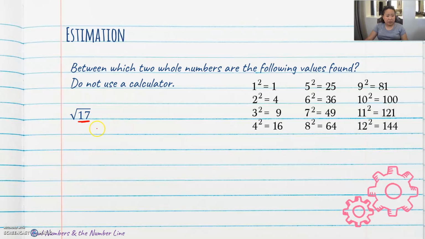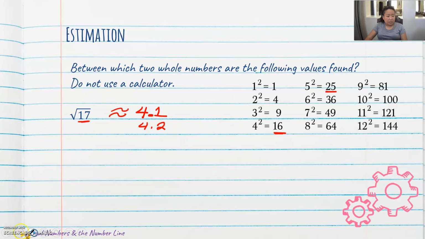Between what perfect squares will it be? 17 is between 16 and the next perfect square, which is 25. So we know that the square root of 17 is going to be 4 point whatever decimal value it will be. Now 17 is nearer to 16 than to 25, so our estimate will be possibly 4.1 or 4.2, something like that. That will be our estimate for the square root of 17.